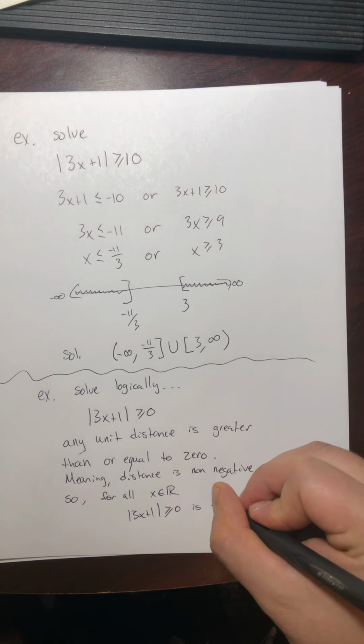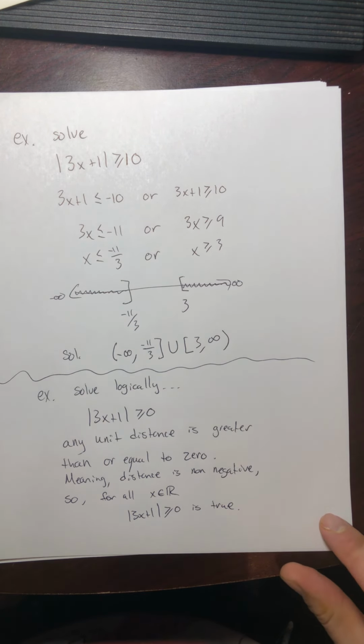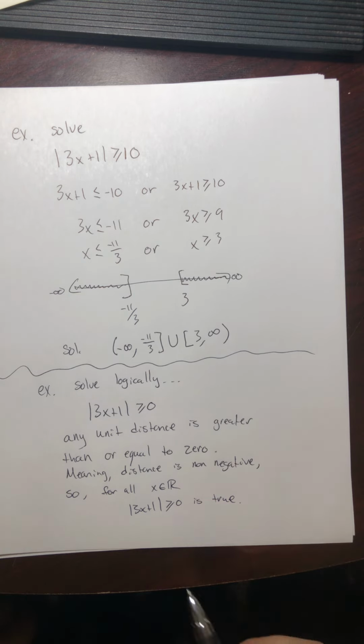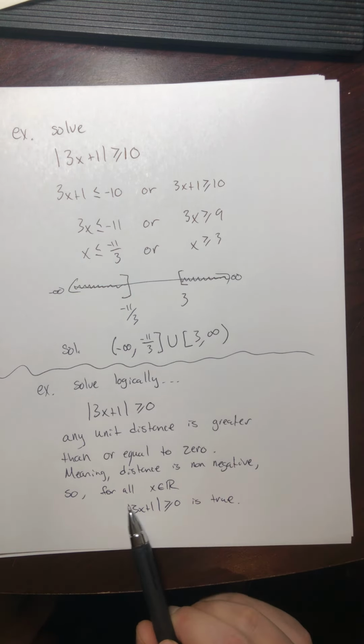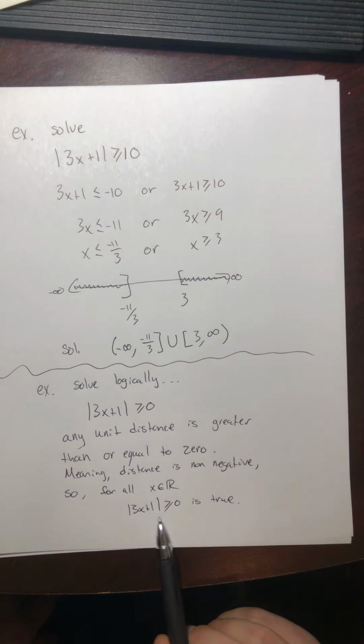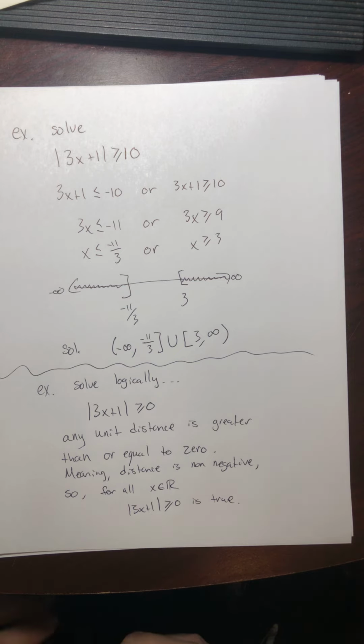So if x is a real number, this statement is going to be true. The absolute value of 3 times any real number plus 1 is always going to be greater than or equal to 0 no matter what real number you choose for x.